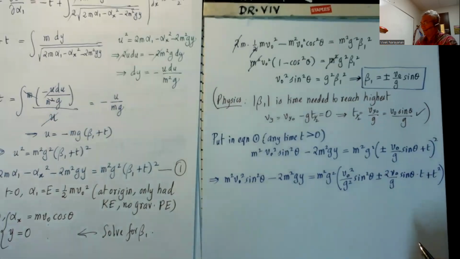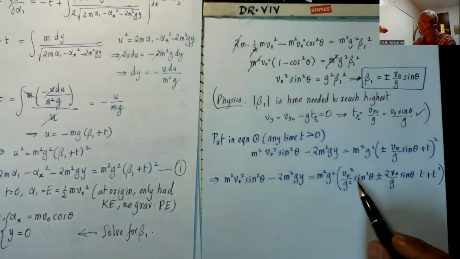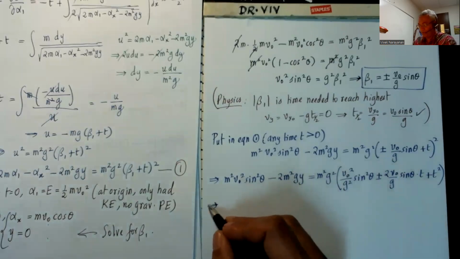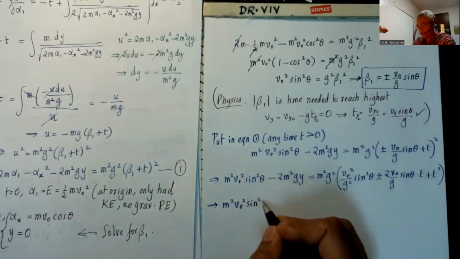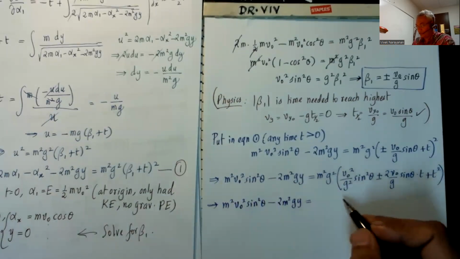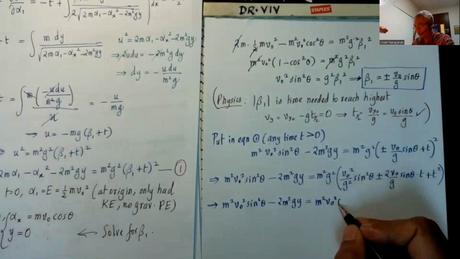Okay, I can sort of see the cancellations because the g squared is going to cancel. So the first term is going to cancel with that. But I don't want to do anything which I regret. So I'm going to do one more step. Just write it out. The g squareds cancel out, so I get m squared v naught squared sine squared theta.